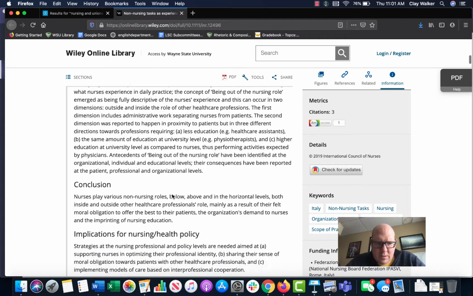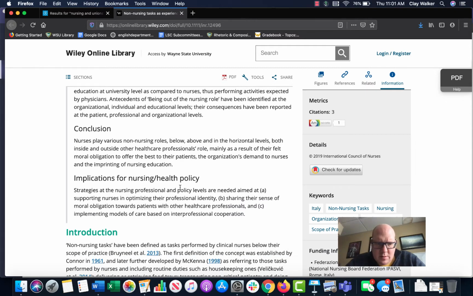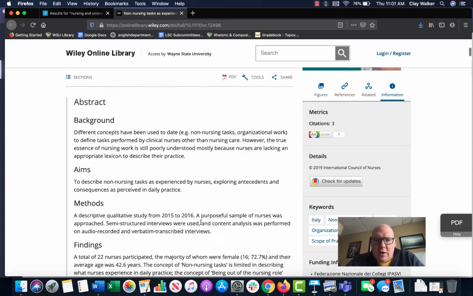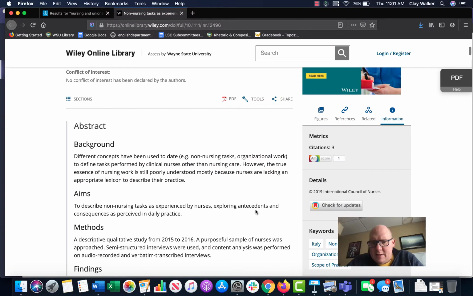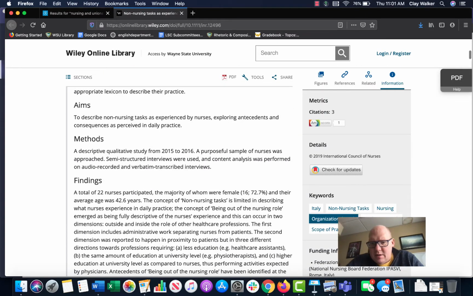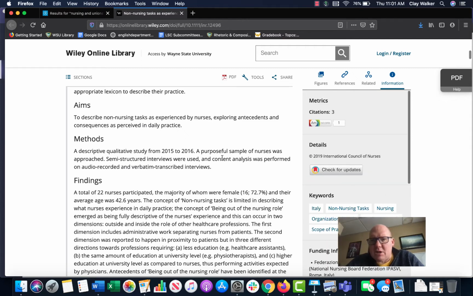Okay. This seems like it would be interesting for me. So I decided I'm going to read it. There's some keywords here that I might jot down. Looks like this study is in Italy, but that's okay. I'm going to take this article and move forward.